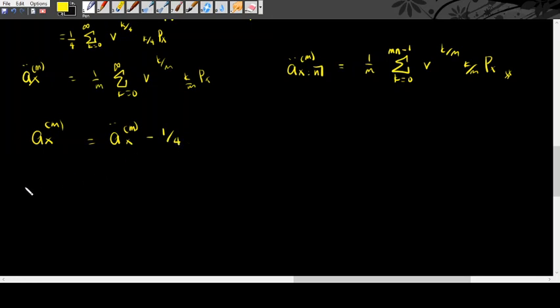If you look into the term case, the first and the last term will be different.